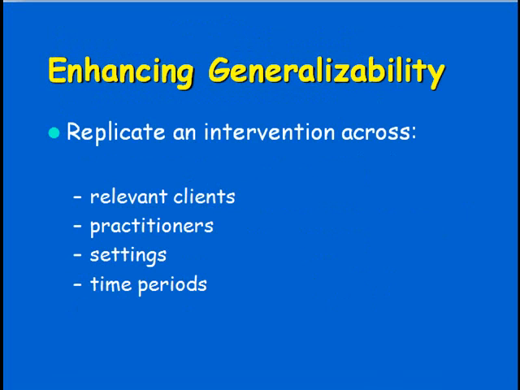So when we talk about external validity, we talk about it in terms of a body of single system designs, or in terms of classic research, where interventions have been tested on a variety of clients, different practitioners, different settings, and different time periods. That's chapter 11, so I'm going to stop it.